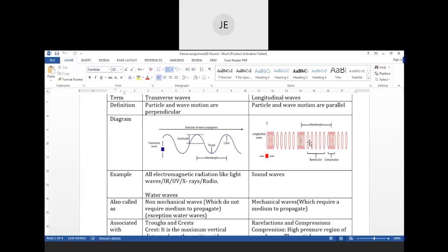When 2-3 layers meet together at the extreme position, the air molecules are at one particular point and their pressure is high. That region we call the high pressure region, or compression region. Again they go to another extreme point. The air column is vibrating around the mean position.